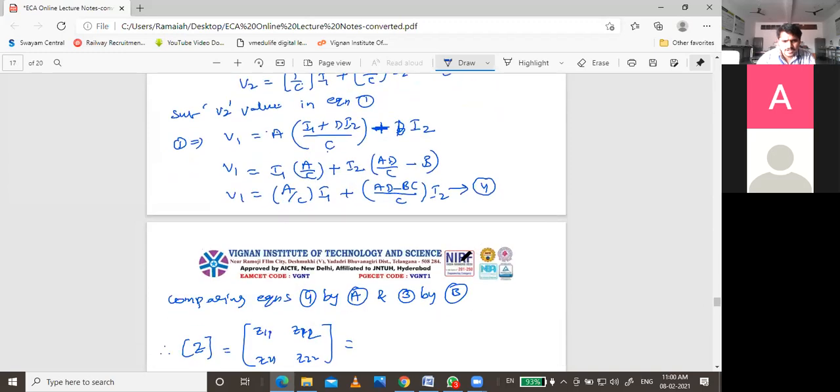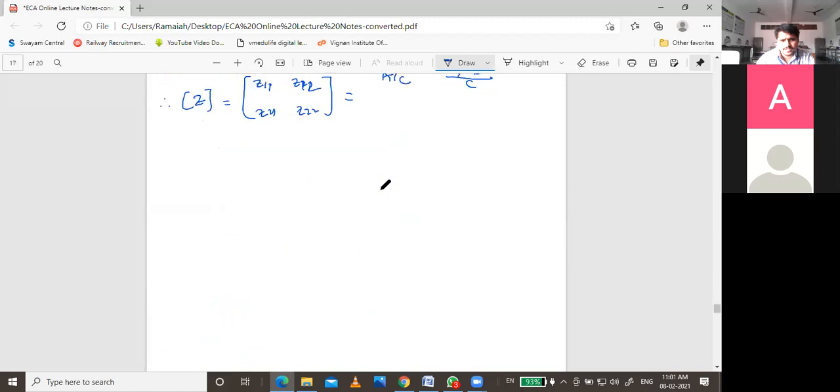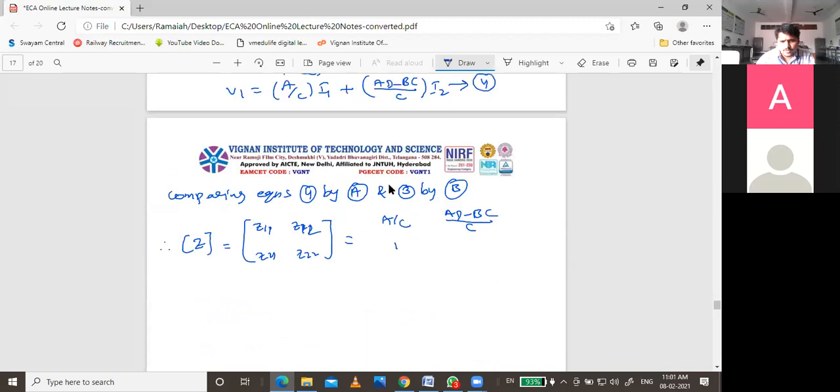So V1 equal to Z11 I1, that is A by C. Next, this is AD minus BC by C. Next, V2 equal to 1 by C and D by C.